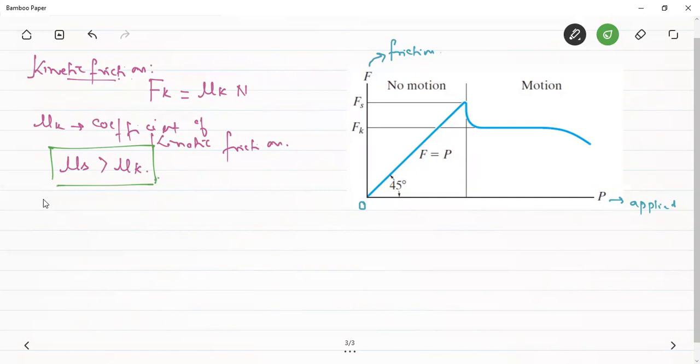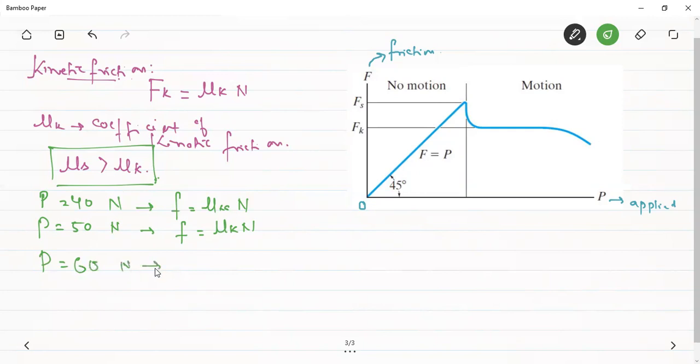So after that, if I apply a force of 40 Newton, the friction force will still remain mu k N. If I apply a force of 50 Newton, the body will be in motion, but the friction force won't depend upon the applied force. It will be equal to mu k N. If I apply a force of 60 Newton or 100 Newton, the block will be moving, but the friction force will still be equal to mu k N. This is the force of kinetic friction.